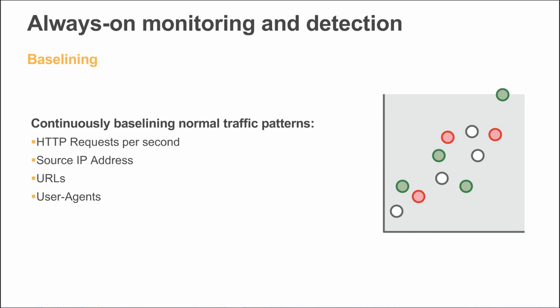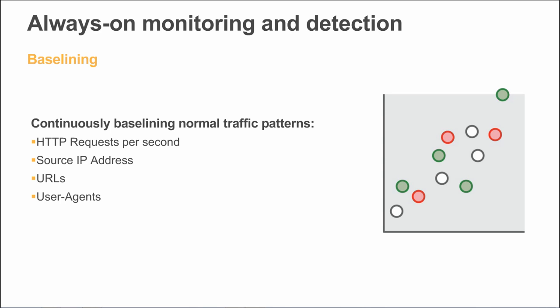And the last type of technique that we use is baselining, where for each one of your applications that you have enabled DDoS protection on, we form baselines of the traffic hitting your applications. This baselining happens continuously so that we know what the normal traffic looks like.